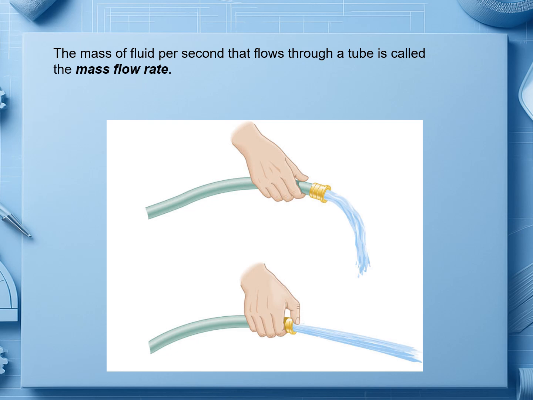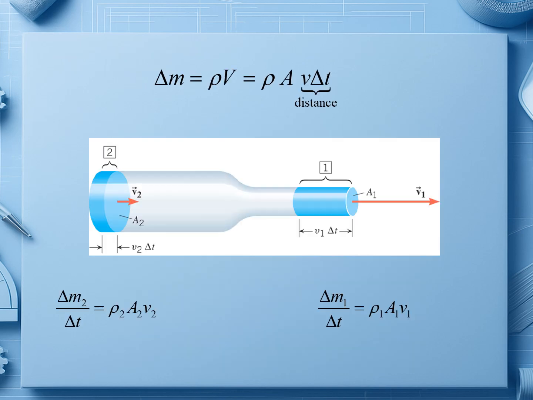Okay, so the mass of fluid per second that flows through a tube is called mass flow rate. So the mass flow rate is this one. We use the formula: change in mass is equal to rho V, or density times volume.